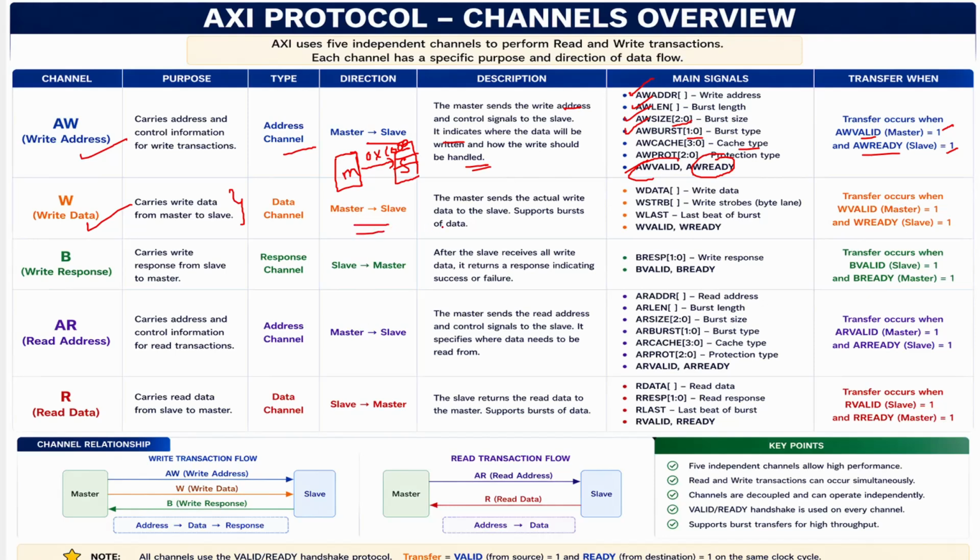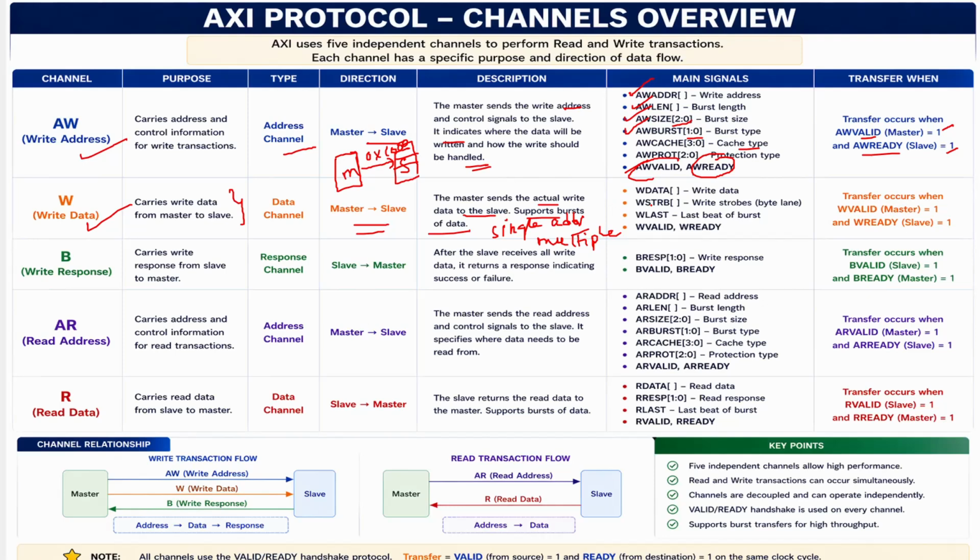The master sends the actual write data to the slave. Suppose burst data: we initiate with a single address, and based on that single address, multiple data are transferred. That is the burst-based transaction.